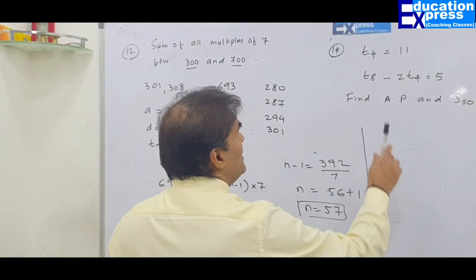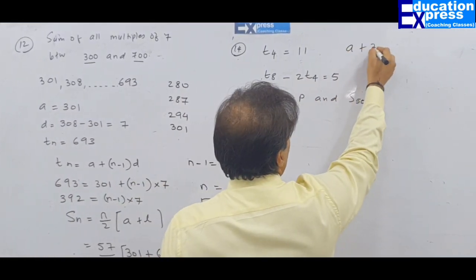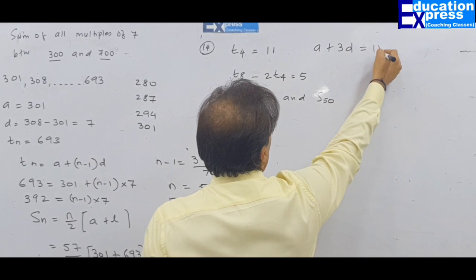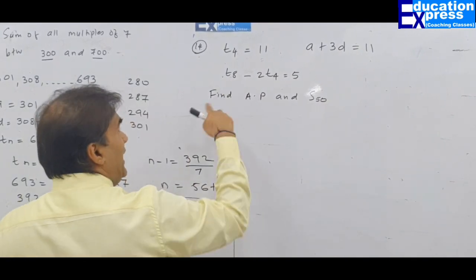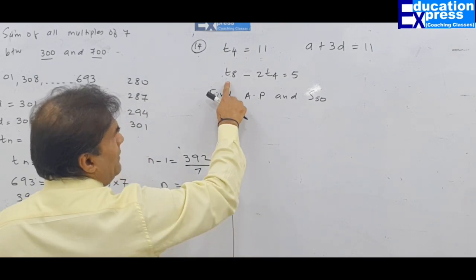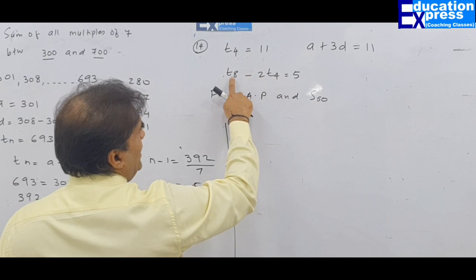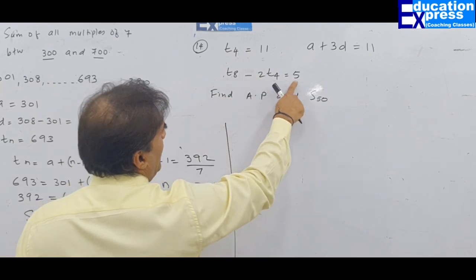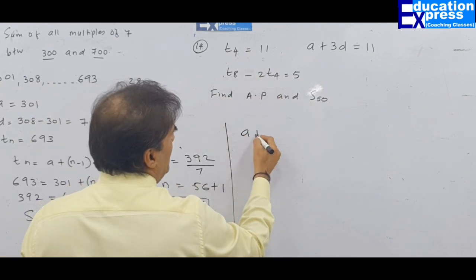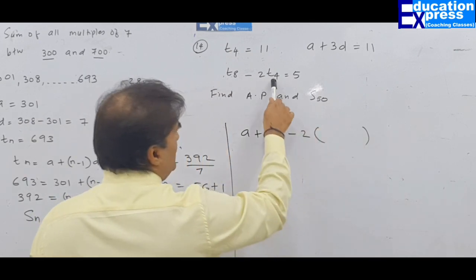What it says is that the fourth term is 11. That means A plus 3d equals 11. Then they say that the eighth term exceeds twice the fourth term by 5. What is the eighth term? A plus 7d, minus 2 times the fourth term.